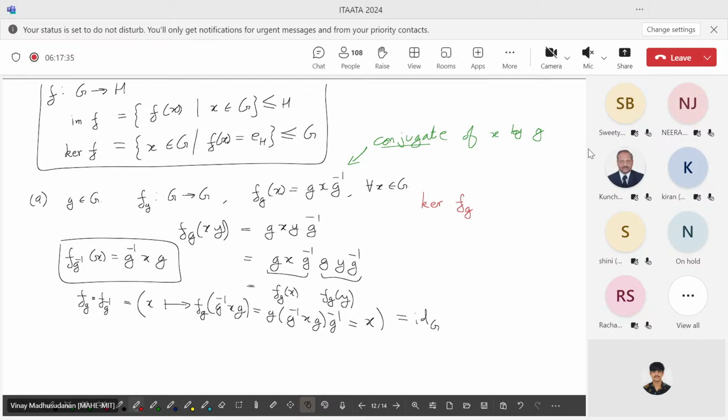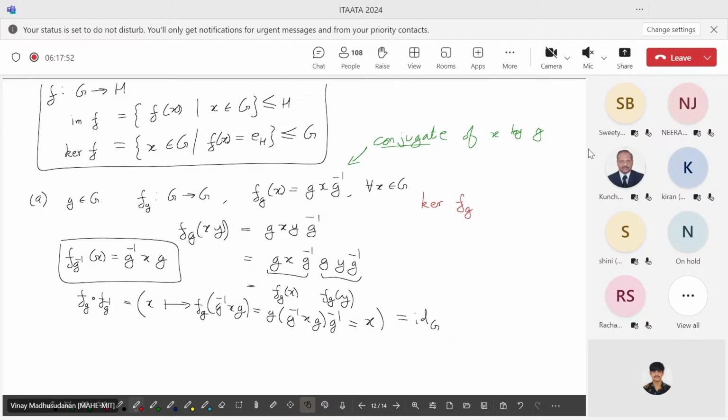Suppose G is an abelian group, then what is f_g? f_g of x equals x.